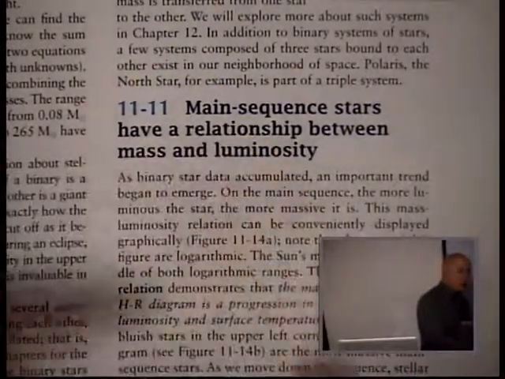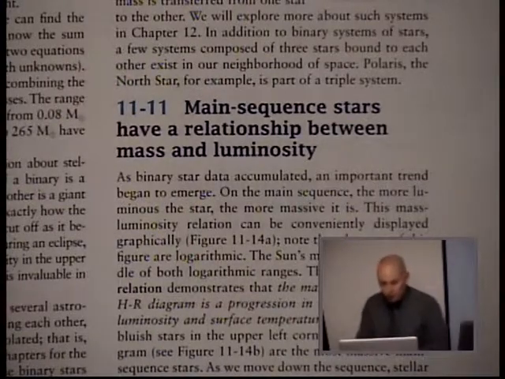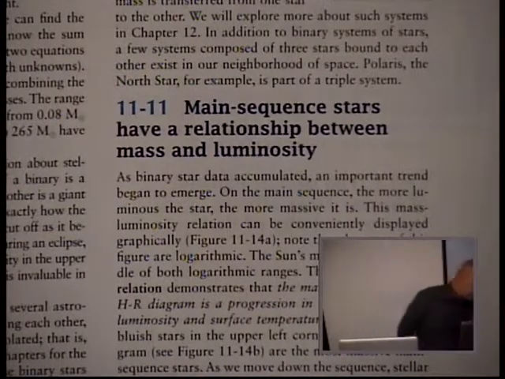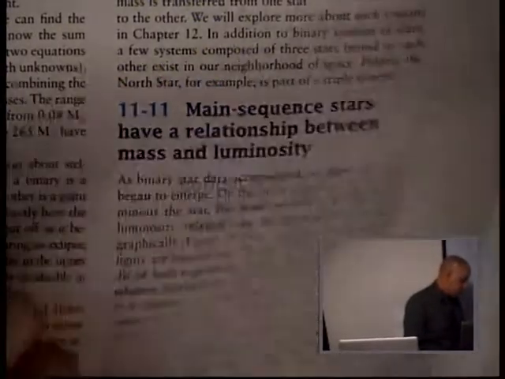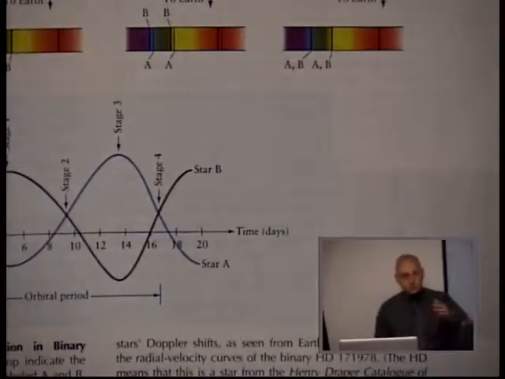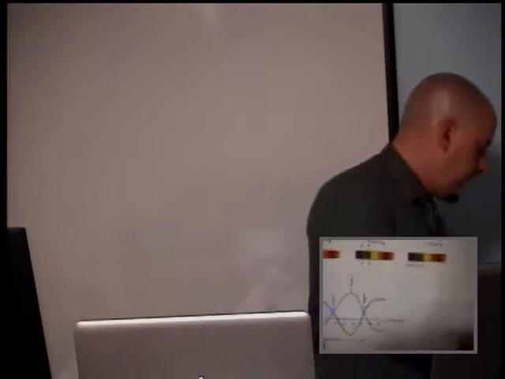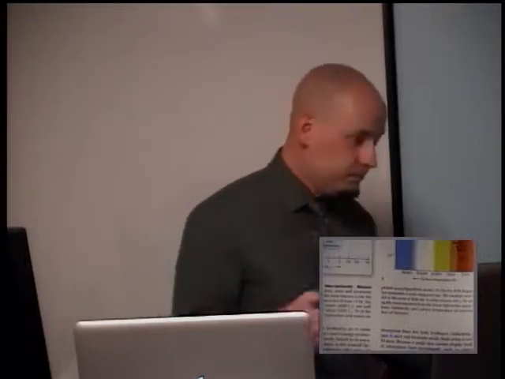Once we use a binary system to measure their motion and determine their mass, then we can use that information and compare it with other stars, and then we have sort of a domino effect of once we know this, then we know this, and once we know this, then we know this. So finding how fast an object is going around ends up being a crucial part of understanding the mass of these stars.